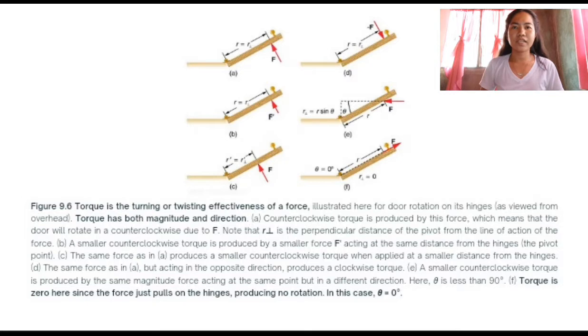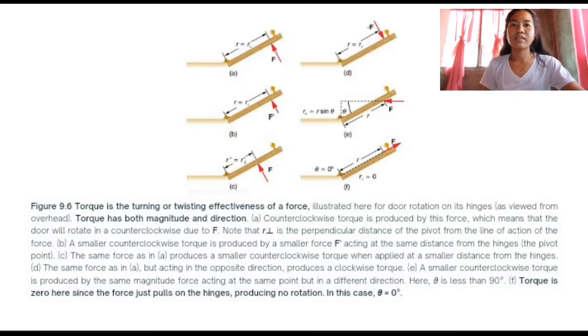In D, the same force as in A, but acting in the opposite direction, produces a clockwise torque. And in E, a smaller counterclockwise torque is produced by the same magnitude force acting at the same point, but in a different direction. Here, theta is less than 90 degrees.